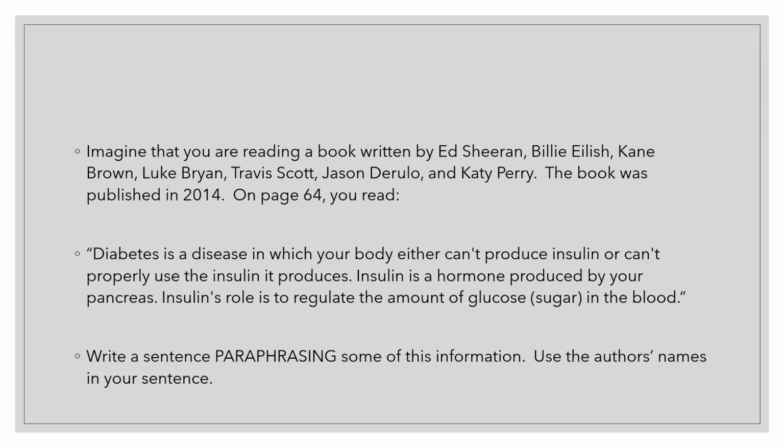Insulin is a hormone produced by your pancreas. Insulin's role is to regulate the amount of glucose, sugar, in the blood," unquote. Write a sentence where you paraphrase some of this information and use the author's names in your sentence. Pause the video and give this one a try.